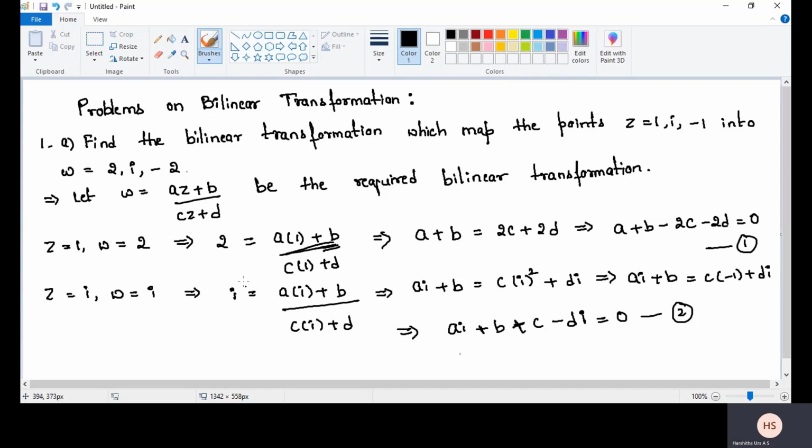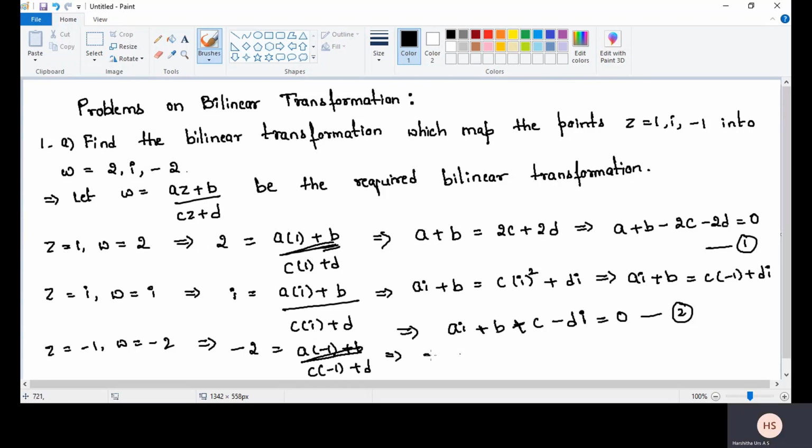Next, last point, z is equal to minus 1, w is equal to minus 2. That implies minus 2 is equal to a into minus 1 plus b divided by c into minus 1 plus d. Next, cross multiply.